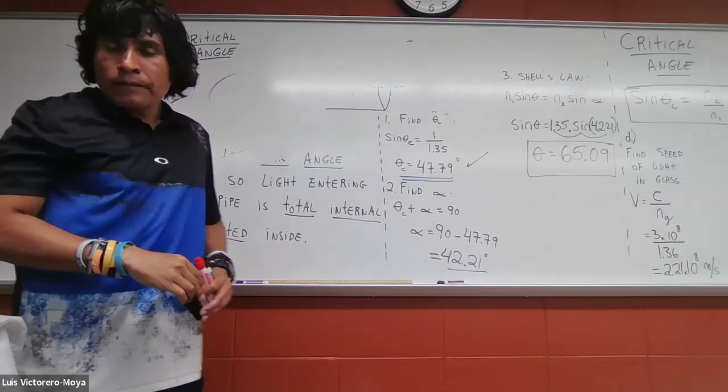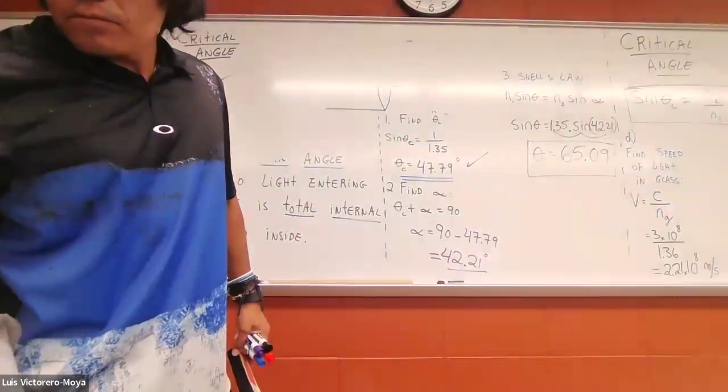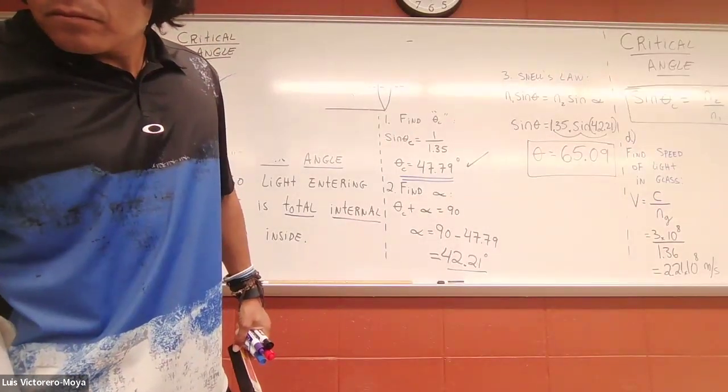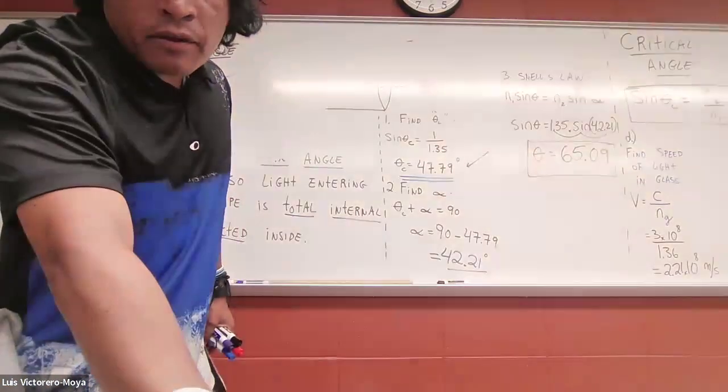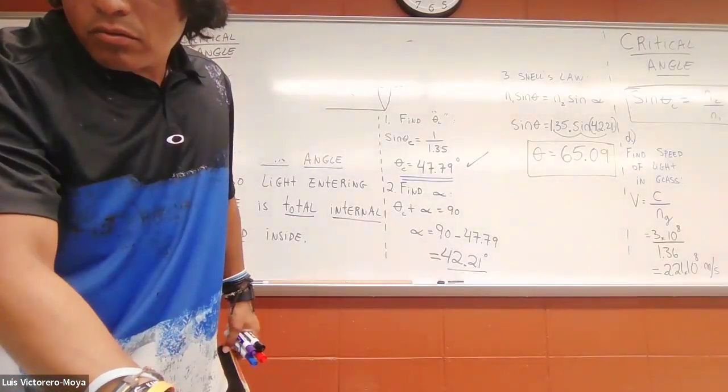Professor? Yeah. When you drew the cylinder thing, you put N2 equals 1.35.